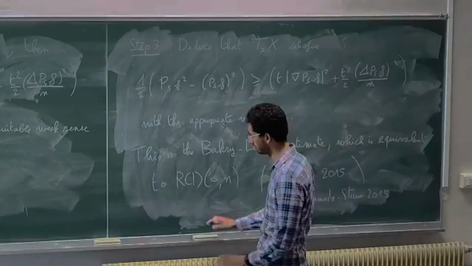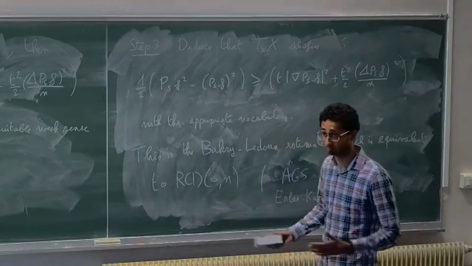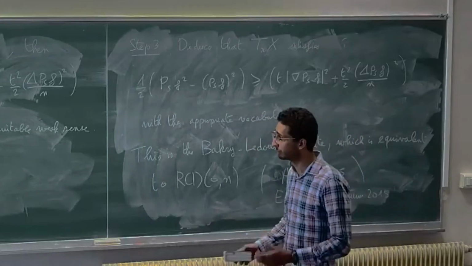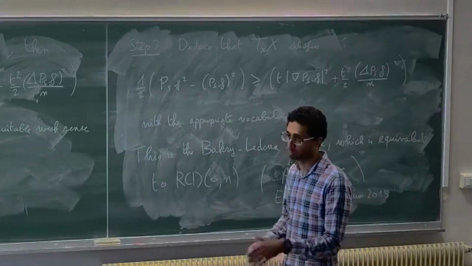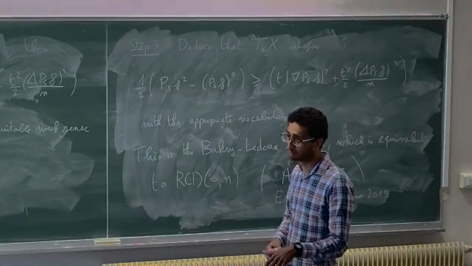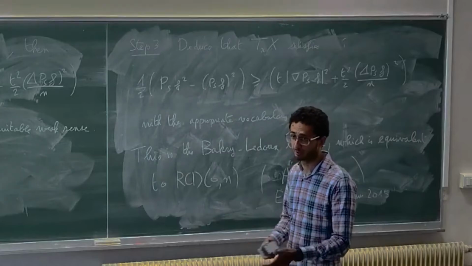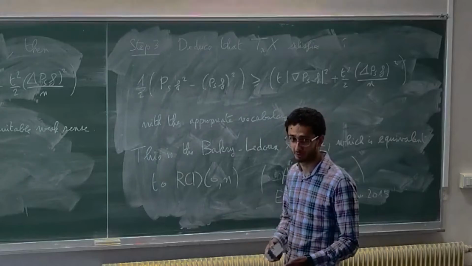Okay, so this is the general picture of the proof. It seemed hard to pass to the limit the optimal transport RCD(0,n) condition.